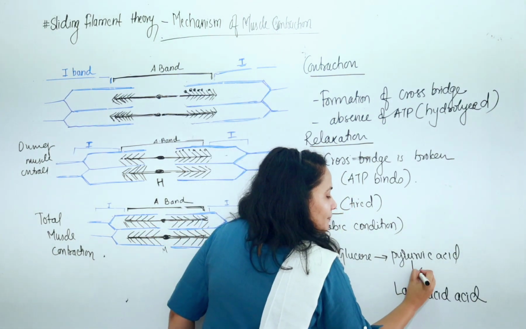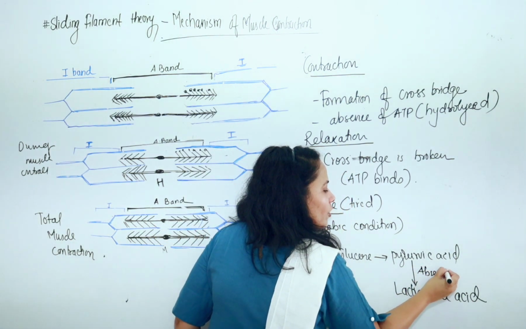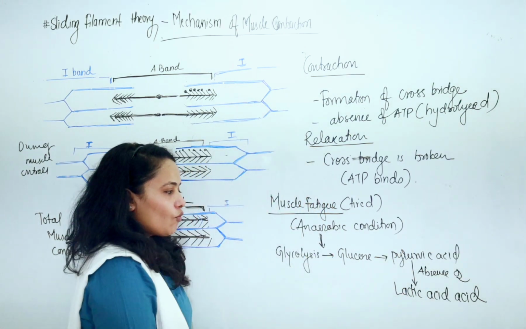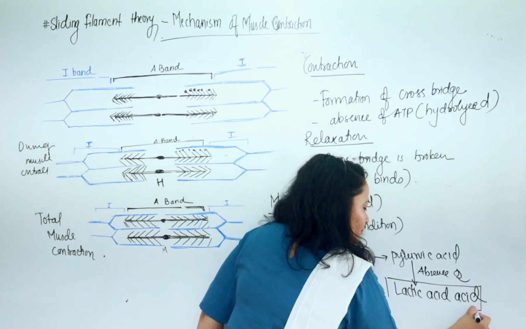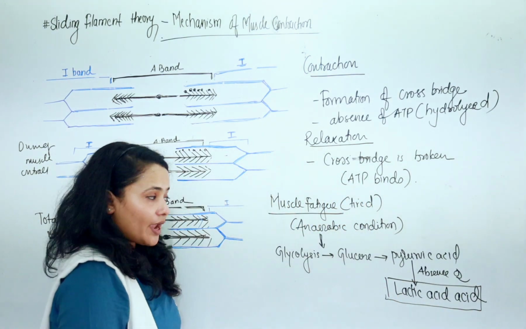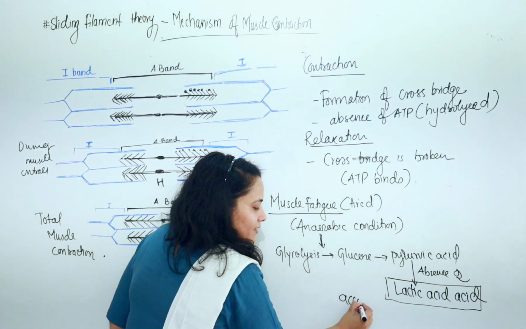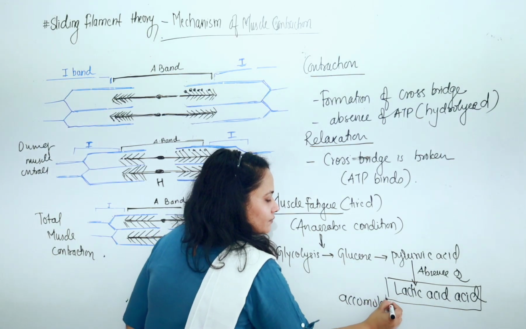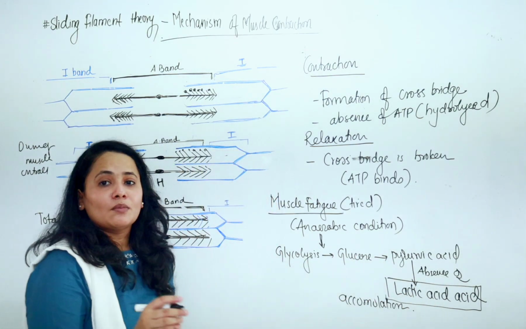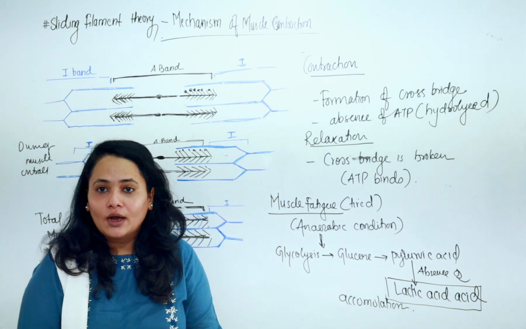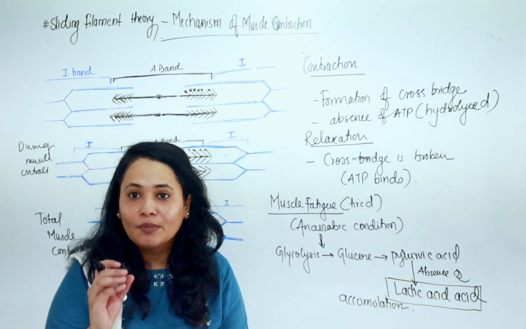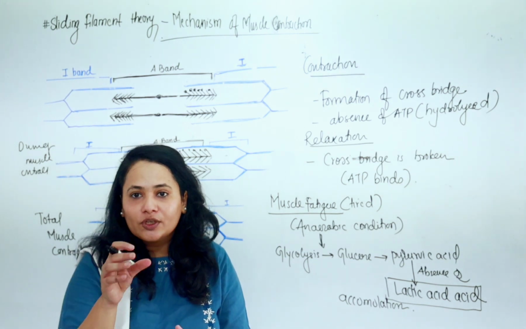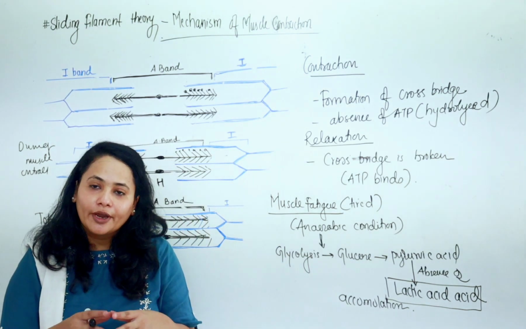So, in absence or deficiency of oxygen, what is formed in the muscles? The compound that is formed is lactic acid. And because of lactic acid accumulation, the muscle does not respond to the nervous impulse, and that condition is what we call muscle getting tired.